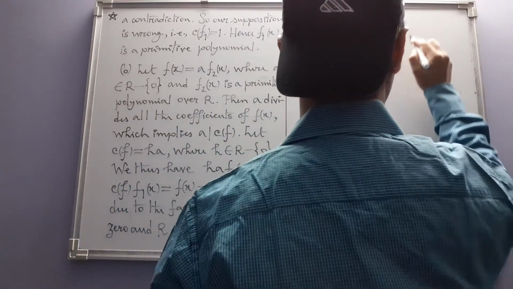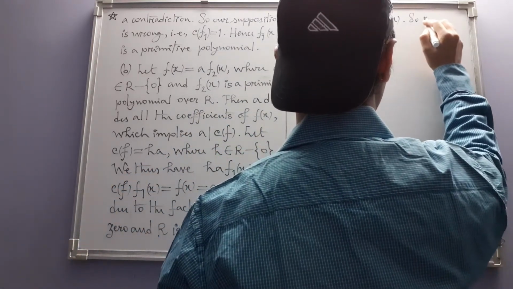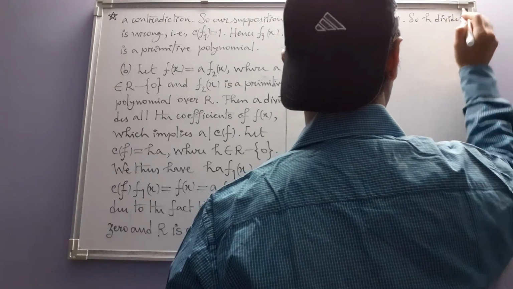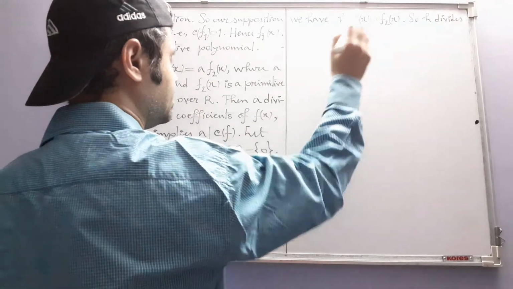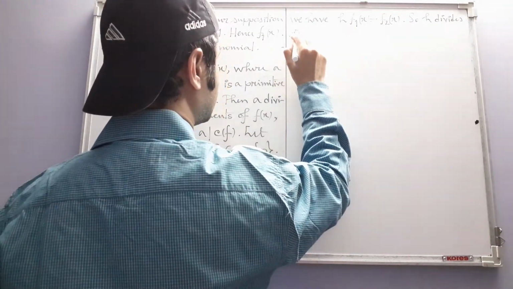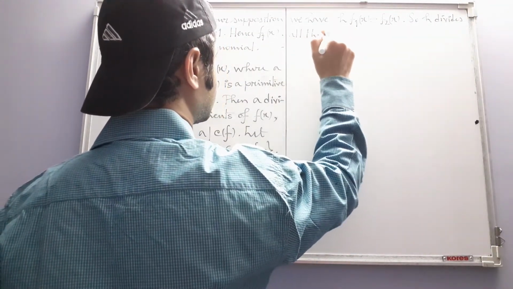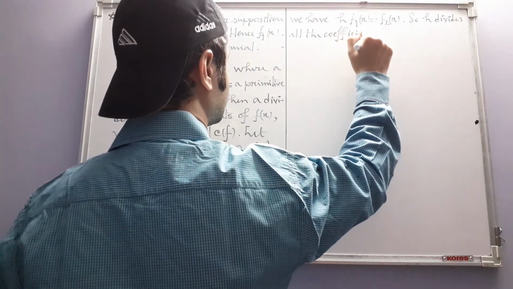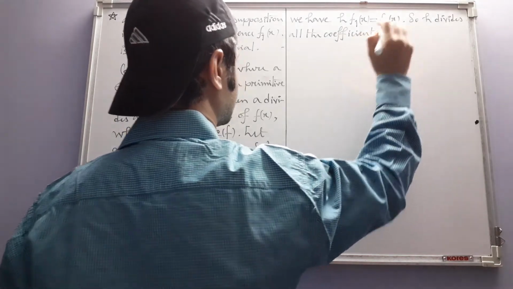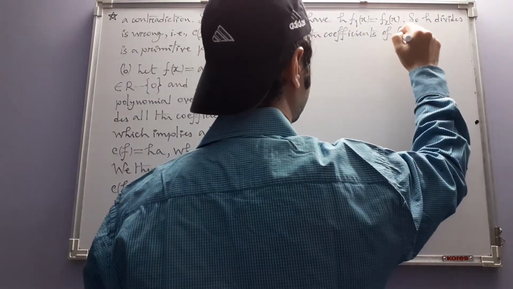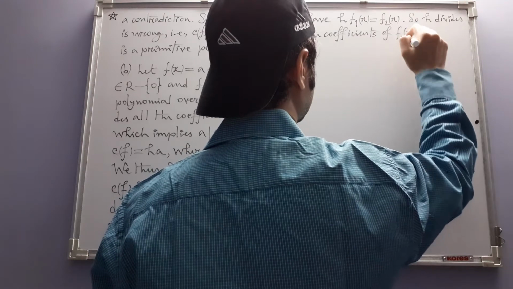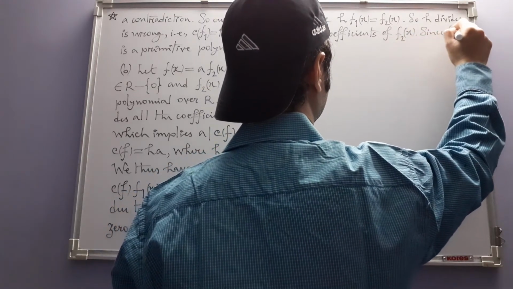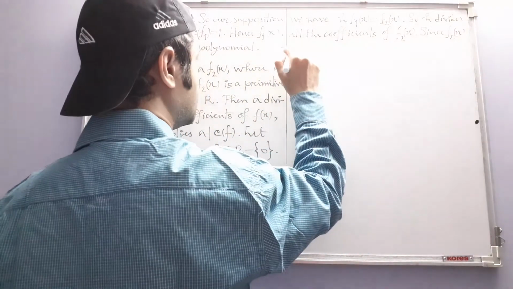And from this equation again we get the fact that h divides all the coefficients of f2(x), since f2(x) is primitive.